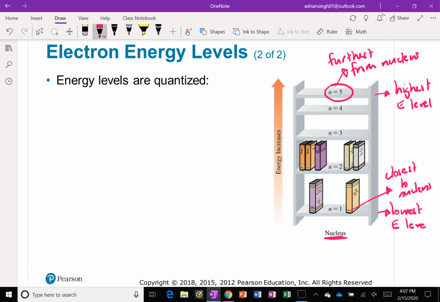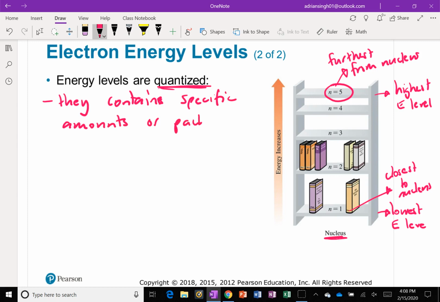So these energy levels are known as quantized energy levels, meaning that they contain specific amounts or packets of energy. There is no in-between level.